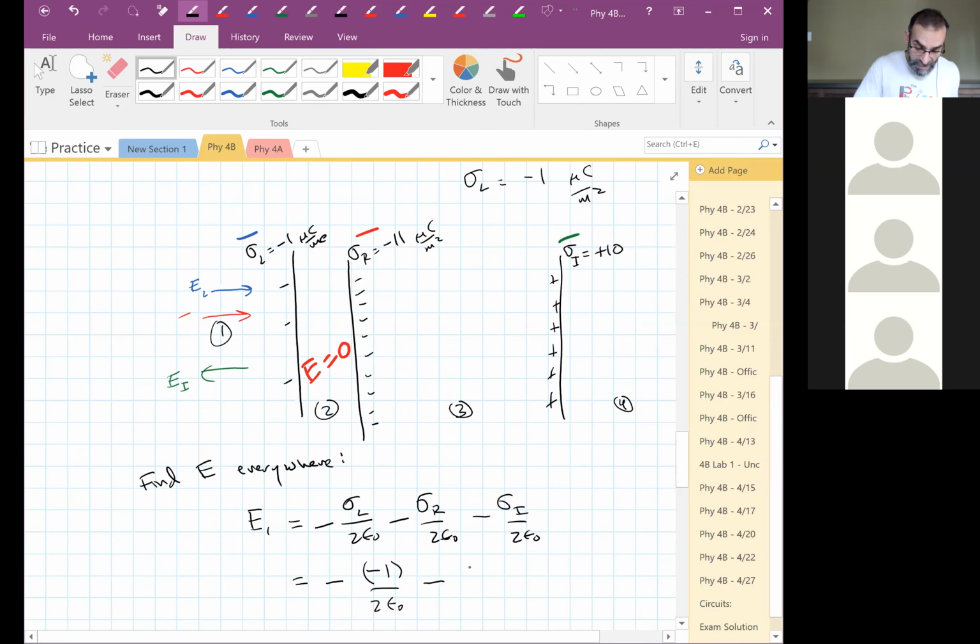Sigma right is negative, and so I'm going to get a positive there, right? You see that? That's what happened to my E. Okay, and sigma insulator is positive.